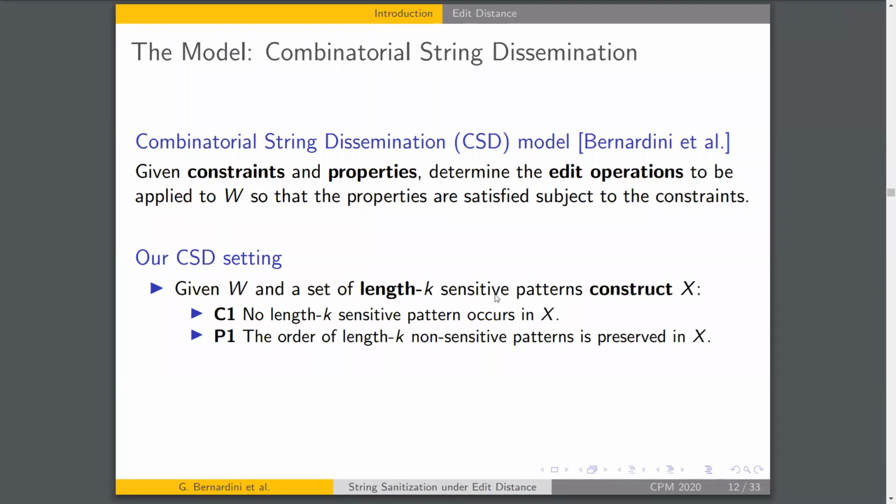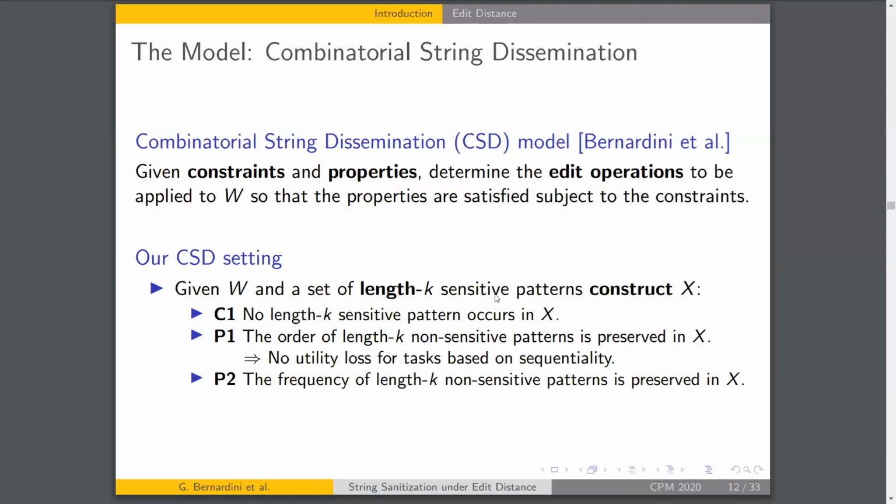Then we want the order of the length k non-sensitive patterns to be preserved in X. So non-sensitive patterns are all patterns that are not sensitive. And that way there's no utility loss for tasks based on the sequentiality of these non-sensitive patterns. And thirdly, we want the frequency of these length k non-sensitive patterns to be preserved as well. So we don't have any utility loss for tasks based on frequency.